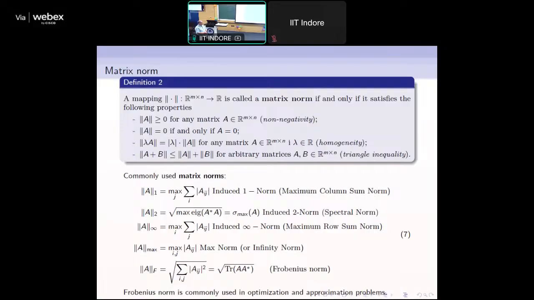Because the Frobenius norm is defined using the matrix trace, and there are possibilities to take a derivative with respect to the matrix norm. We know that derivatives are important in nonlinear optimization, and the Frobenius norm is most important in defining recurrent neural networks.